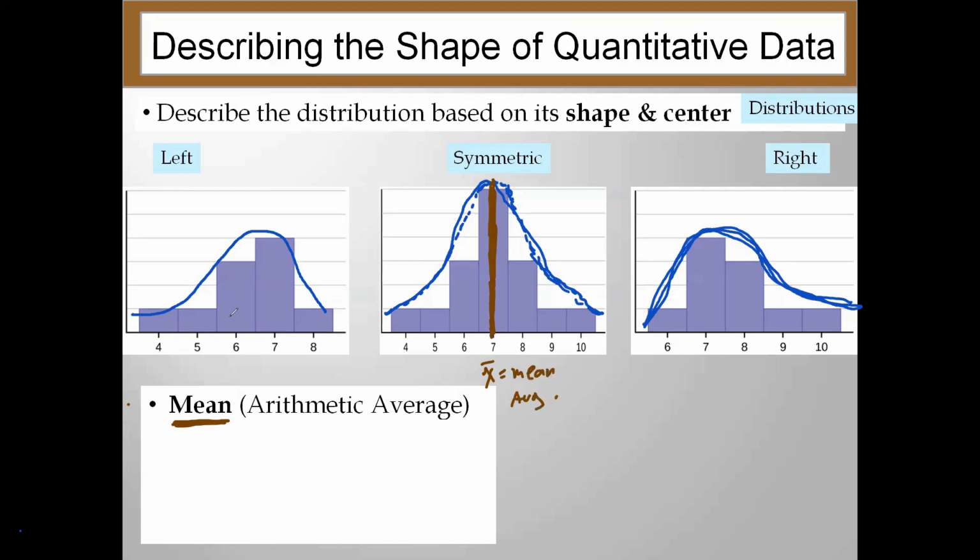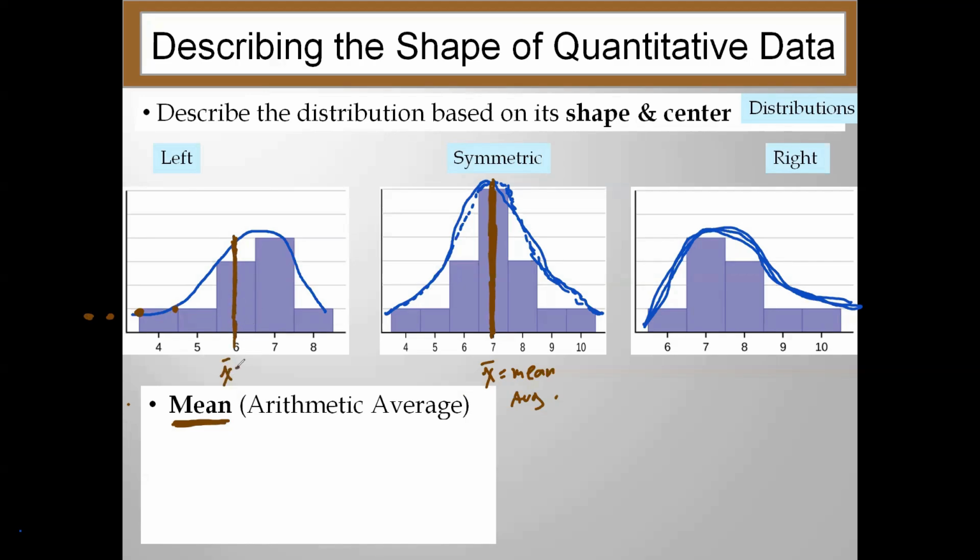For the left skewed graph, since we have a few values on the left that can be treated as possible outliers, what it does is pull down the mean, and we expect the mean to be somewhere further to the left. So the mean can be somewhere on the left, closer to the value of 6.